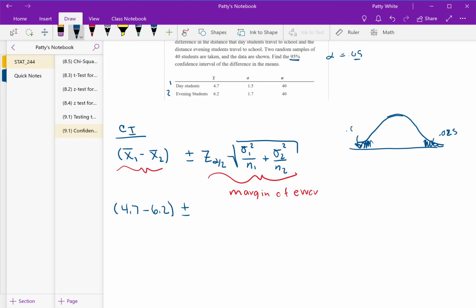This is another 0.025. So we're going to use the inverse normal to find this critical value, which will be negative 1.96, and this will be positive 1.96. Again, you use the inverse normal to calculate those two values.